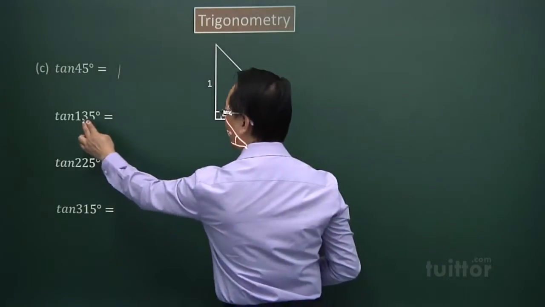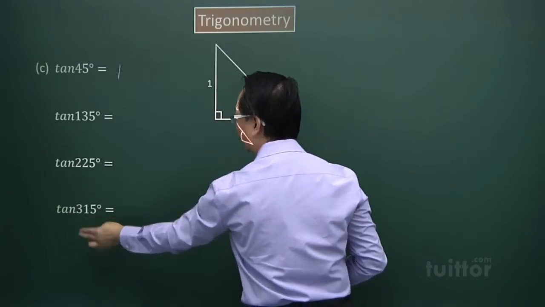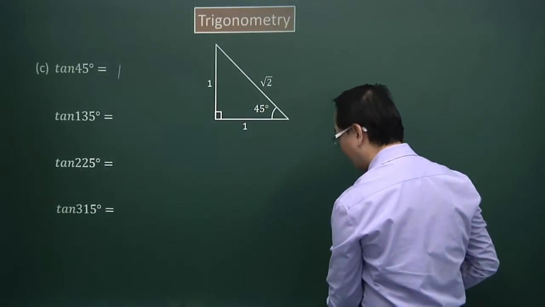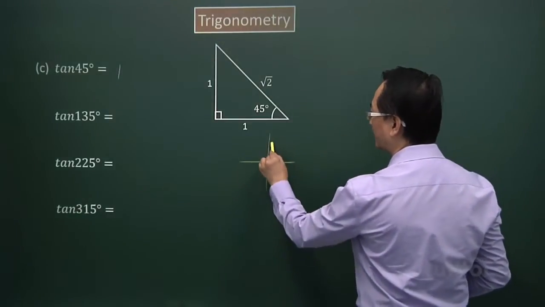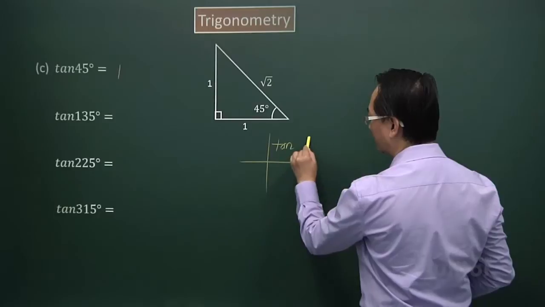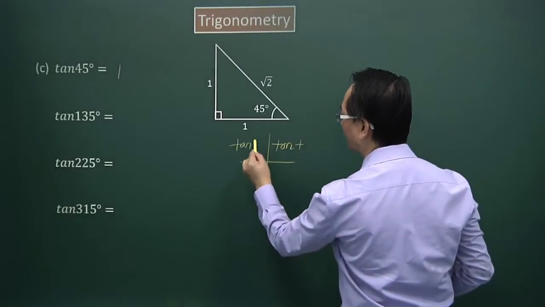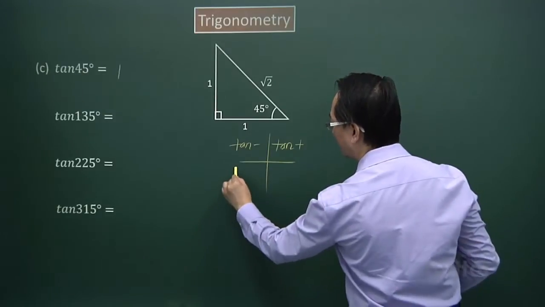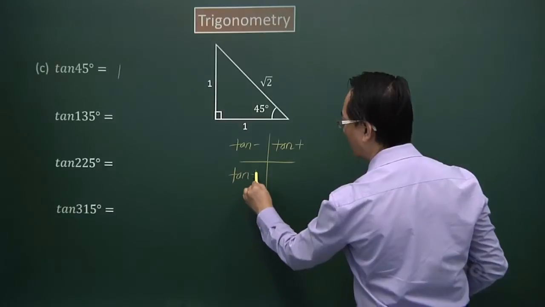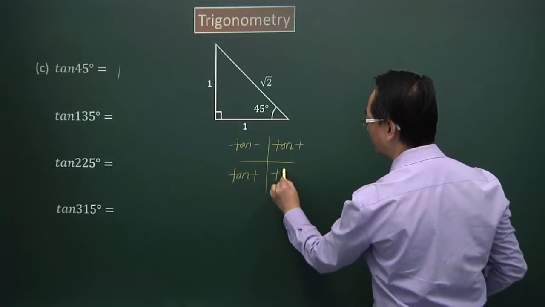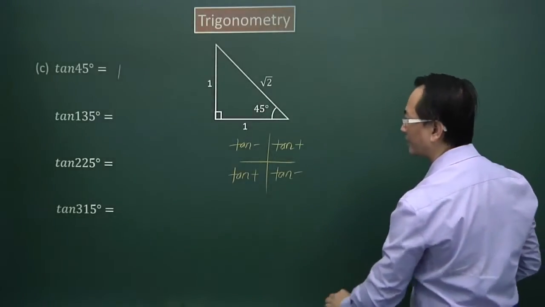Now this is a second quadrant angle, this is a third quadrant angle, and the fourth quadrant angle there. So looking at the 4 quadrants, tangent of a first quadrant angle is positive, tangent of a second quadrant angle is negative, tangent of a third quadrant angle would be positive, and tangent of a fourth quadrant angle would be negative.